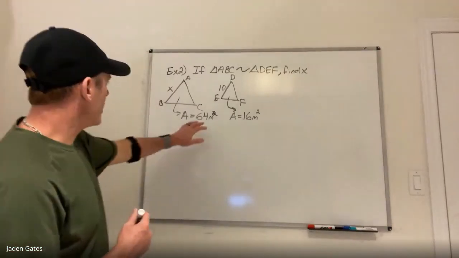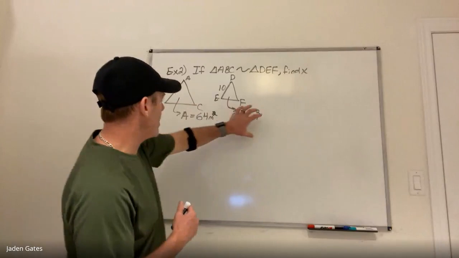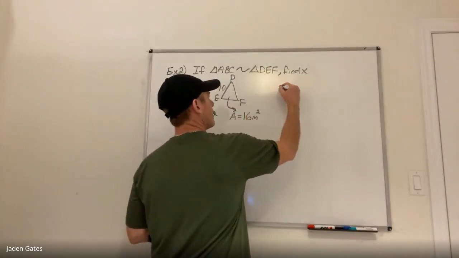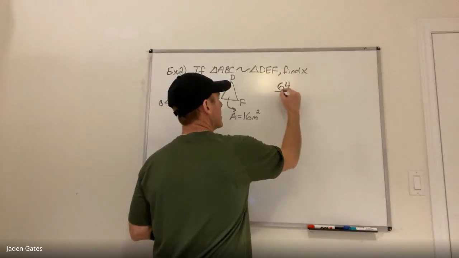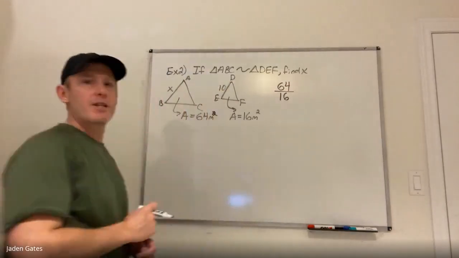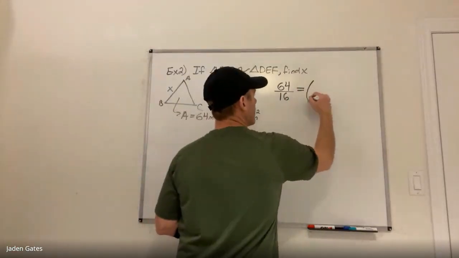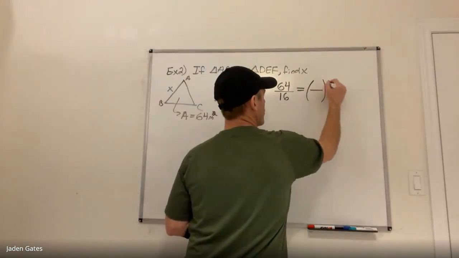So I'm going to take the area of my triangle on the left and divide it by the area of the triangle on the right. So 64 divided by 16. That is my area ratio. It is going to be equal to one of my side ratios squared.